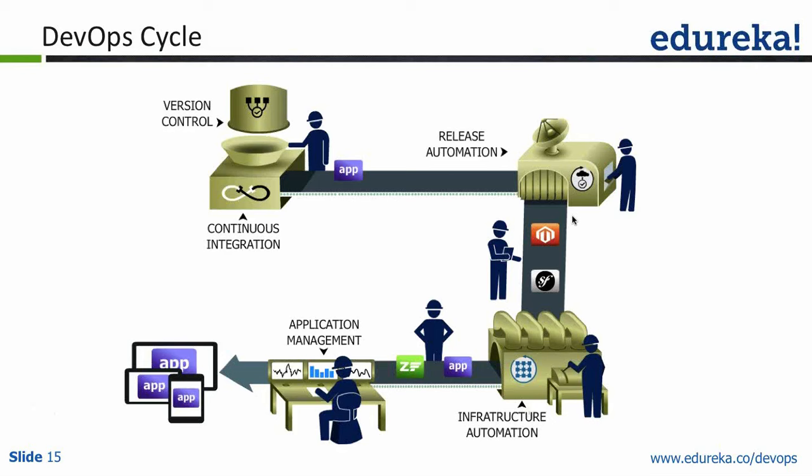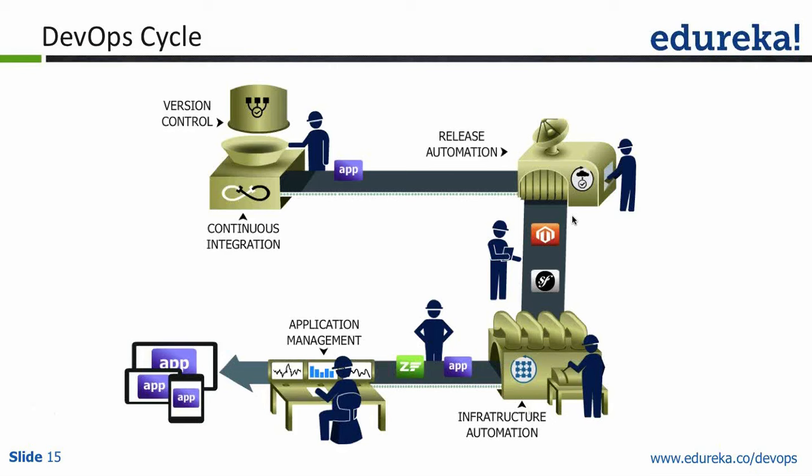As a developer, you develop the code, commit your changes to the repository system, and then deploy. As a QA, your role is to ensure that you QA the application that has been developed, and once QA certifies that it can go to production, then it goes to production.